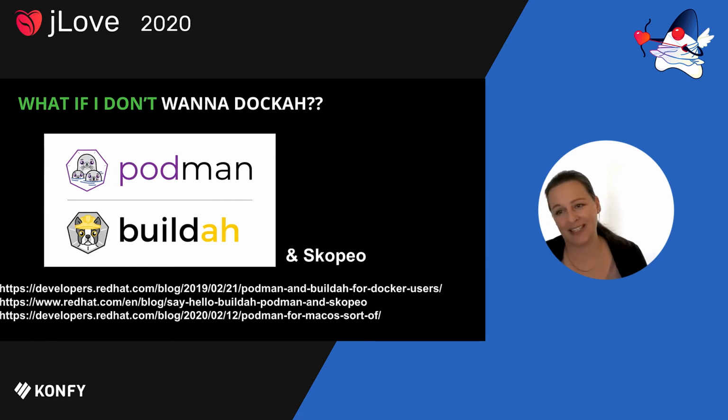So what if you don't want to use Docker? There are a few other things out there. The work that Docker has done to pull out abstractions and pull out certain features and contribute stuff to the OCI is making it possible for other players to come in. And so you're not stuck with Docker.